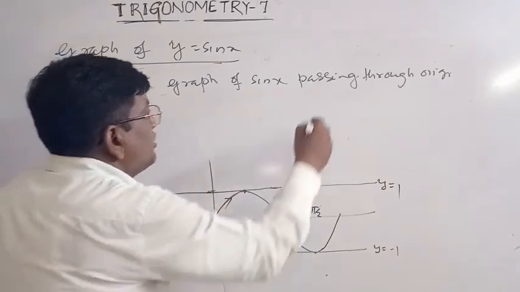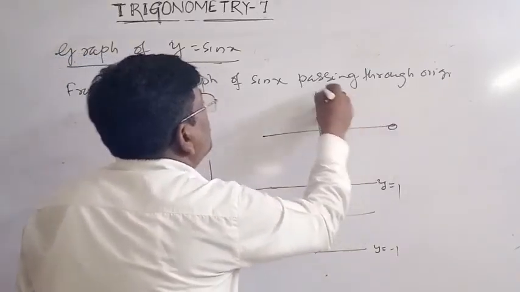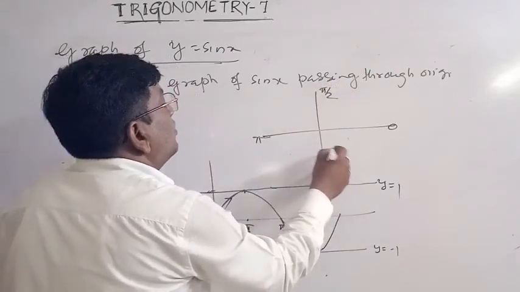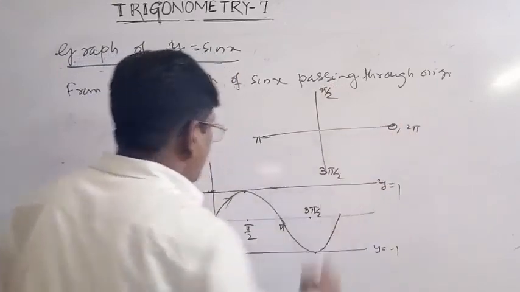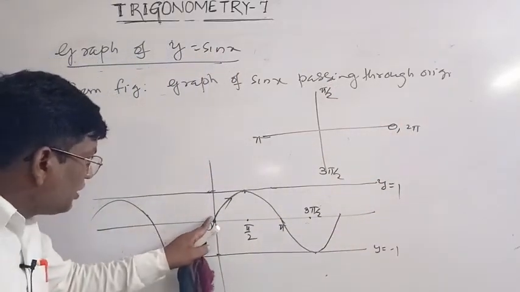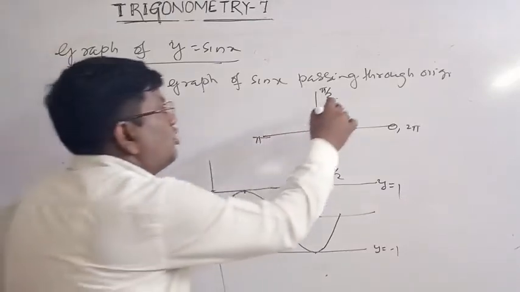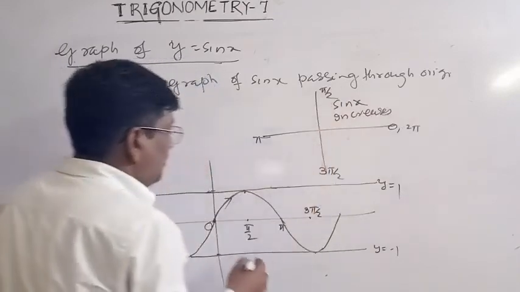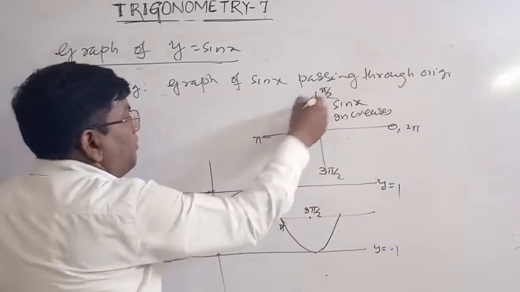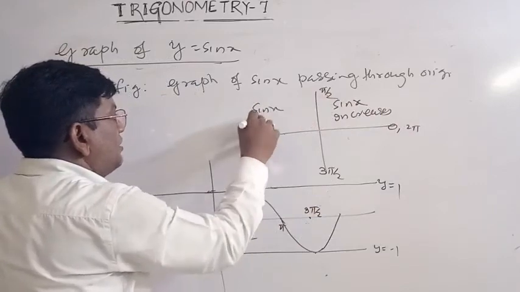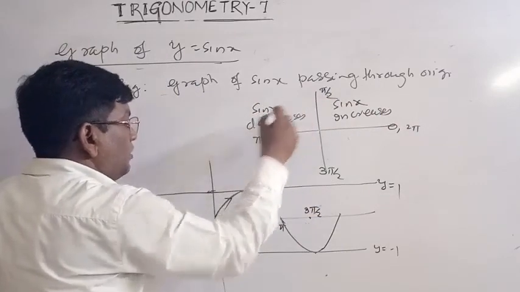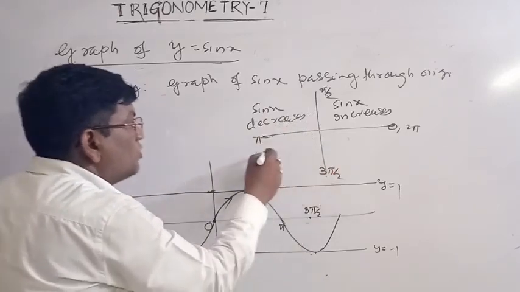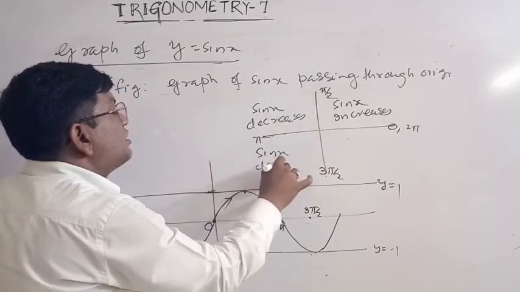From 0 to 90, that is 0 to pi by 2, then pi, then 3 pi by 2, then 2 pi. Observe from 0 to pi by 2 the graph rises, so sin x increases. Then from pi by 2 to pi, sin x decreases. From pi to 3 pi by 2, sin x decreases.